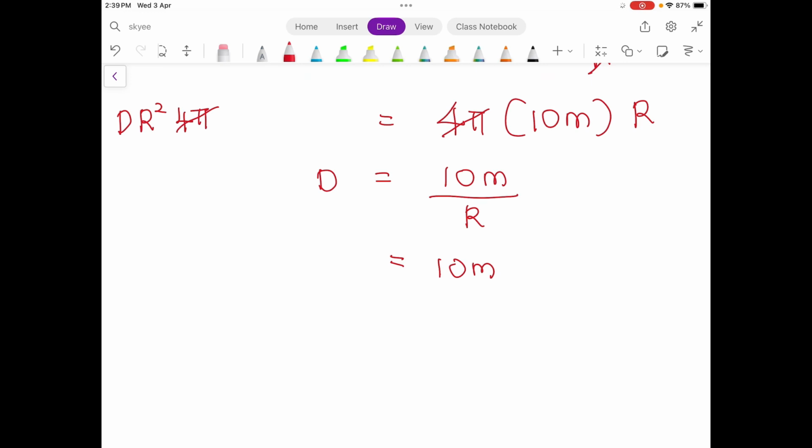The answer should be 10 milli instead of 10 nano.